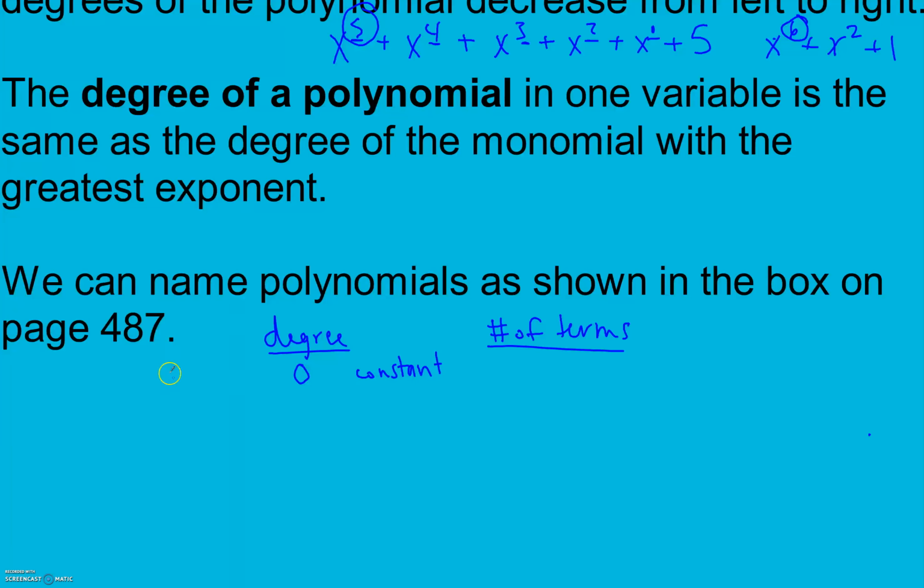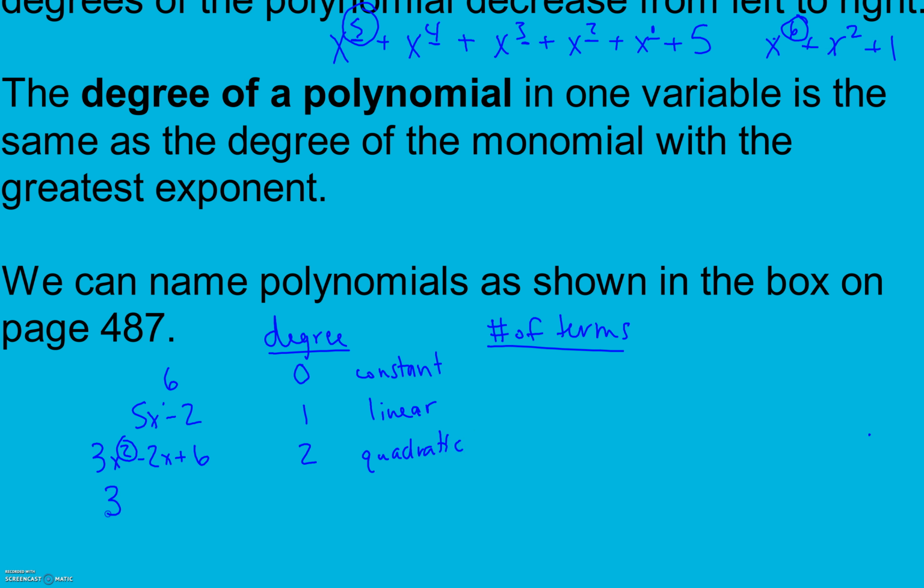Okay? If we had 5x minus 2, for example, our degree is 1, and we call that linear. If we had 3x squared minus 2x plus 6, our degree here is 2. We call that quadratic. And again, these are in a chart on page 487.